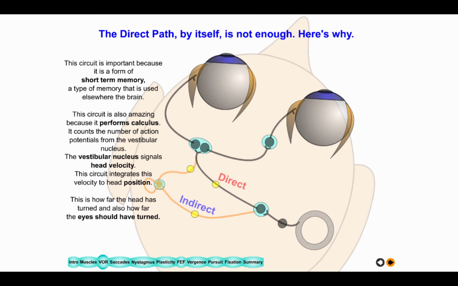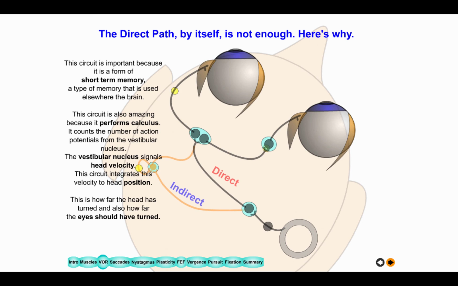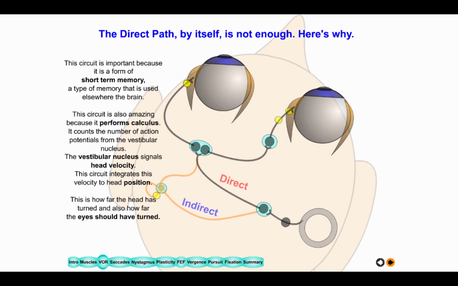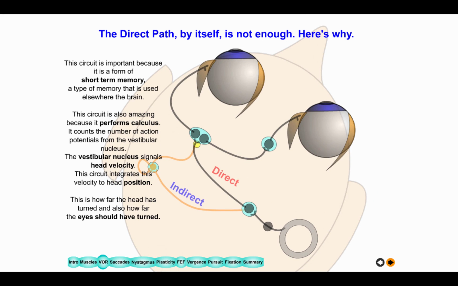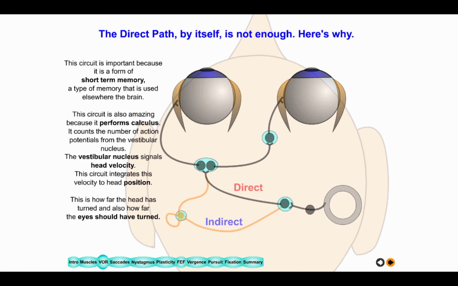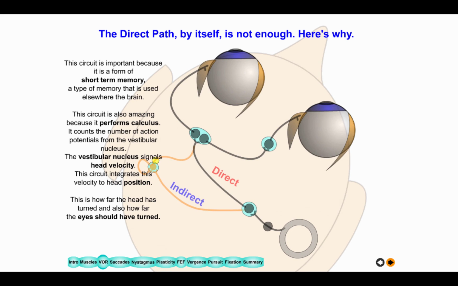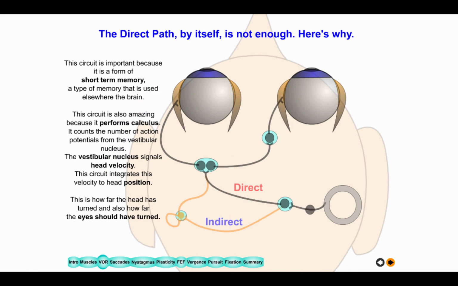In a sense, this is doing a type of calculus. How many of you took calculus? Oh, good, a good number. So you will remember that the integral of velocity is position. Okay? So if you integrate velocity, which is what the vestibular nerve nucleus is telling you, you get position.